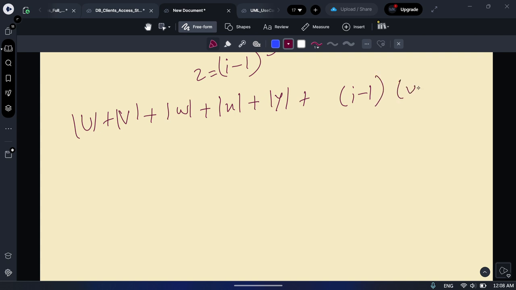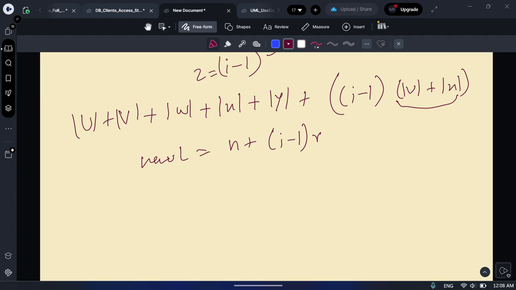Then the length of v plus the length of x. And the new length becomes n plus (i minus 1) times r. And we know r, we can write it like r. And this is our original length, remember?